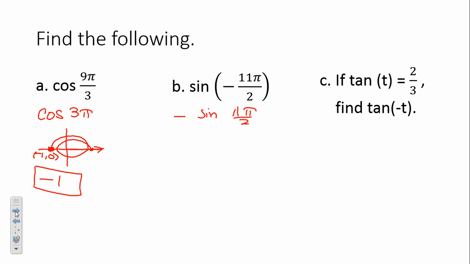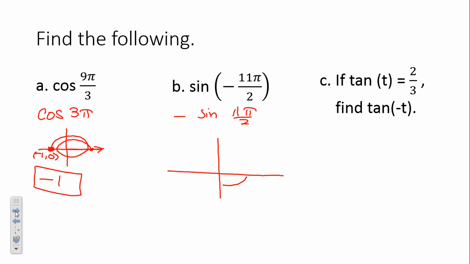But now think about it. When you're dealing with the pi over 2, half a revolution, a semicircle, is pi, right? So a pi over 2 is going to be some sort of a 90-degree angle, isn't it? It's going to be here or here. Okay? So let's do the negative rotation. 11 pi over 2.